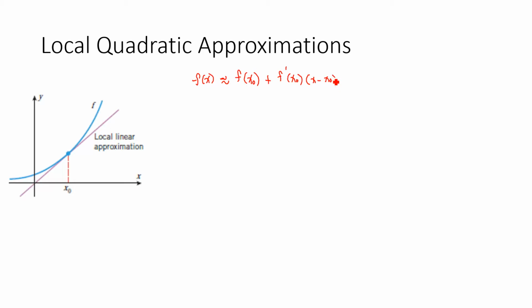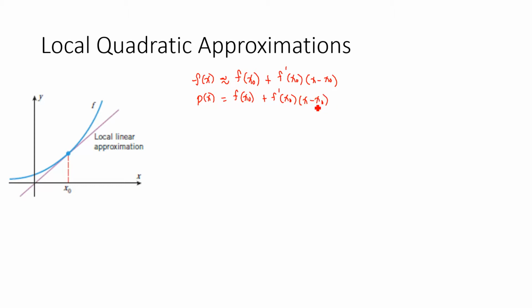In this formula, the approximating function p of x is equal to f of x sub 0 plus the first derivative at x sub 0 times x minus x sub 0.